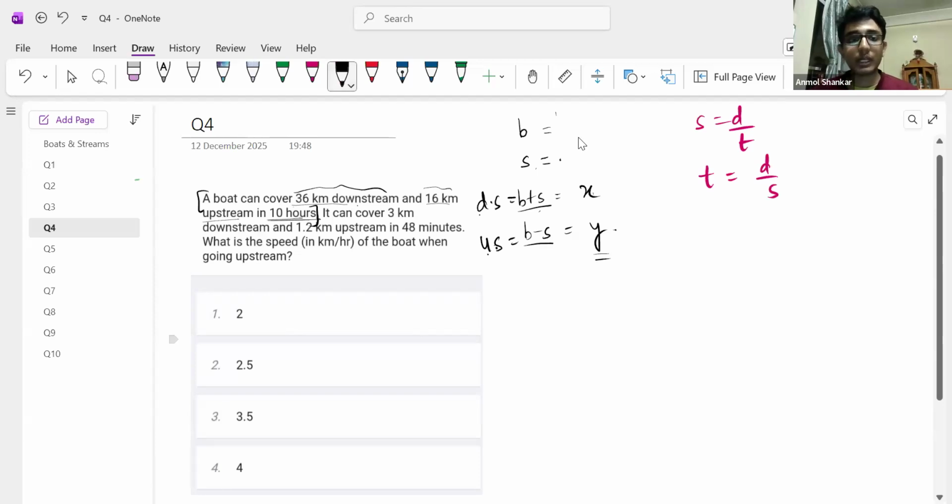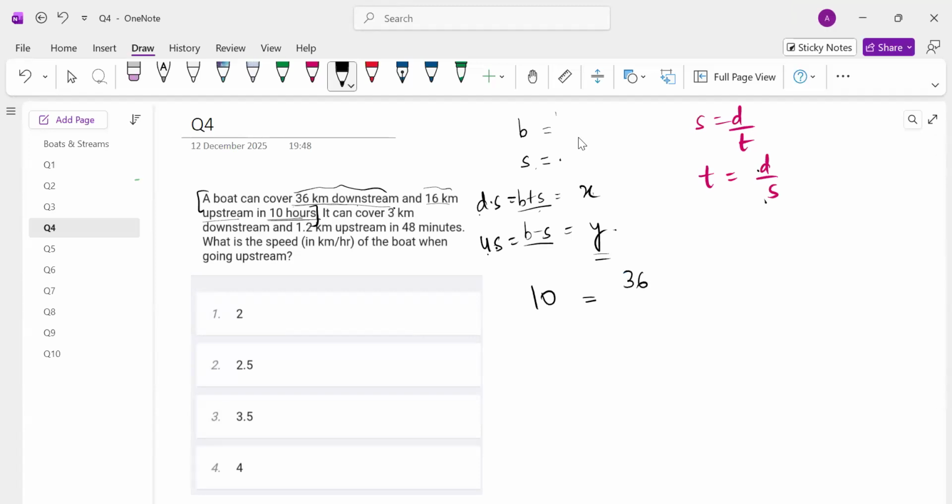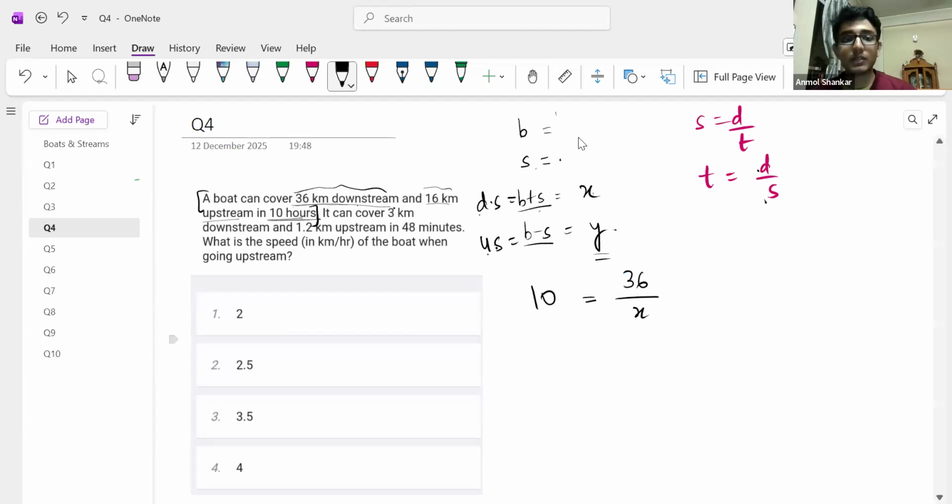The total time, the time taken to go 36 km downstream plus the time taken to go 16 km upstream, is 10 hours. 10 hours is equal to distance by speed. 36 by x, because we are going downstream and we denoted the downstream speed by x.